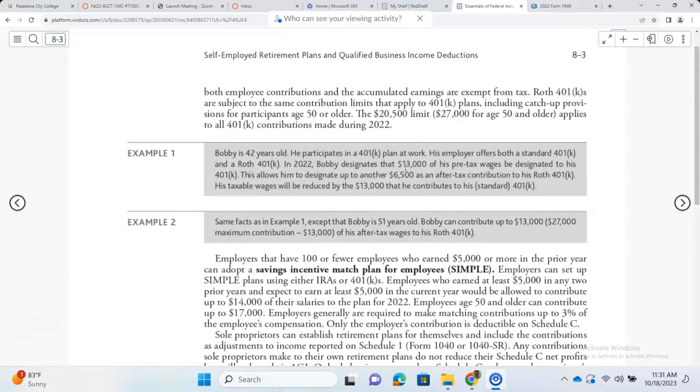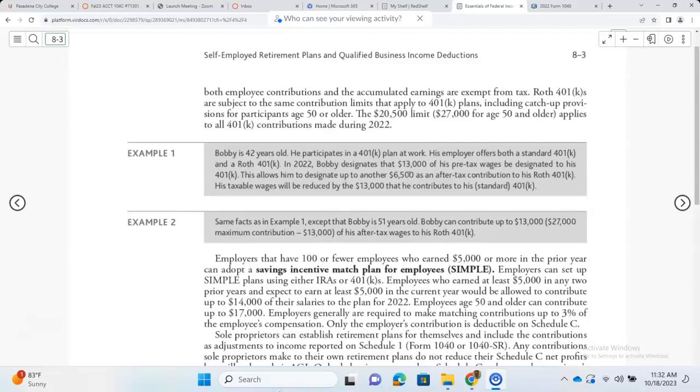Why? Because the limit is $20,500. So you can go up to $20,500. If he puts $13,000 pre-tax, he has the opportunity to put actually 20,500 minus 13,000 in the year 2022. That's 7,500, not 6,500.